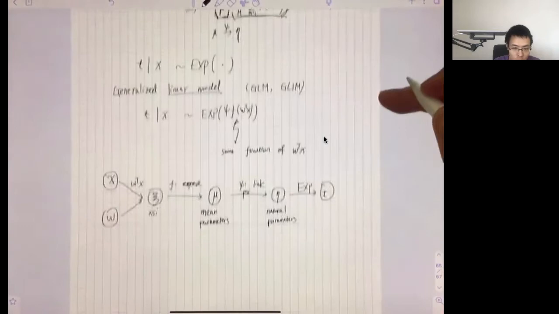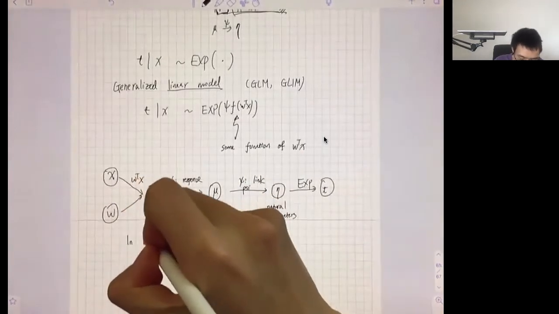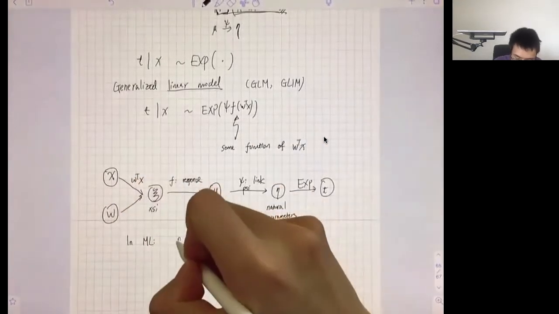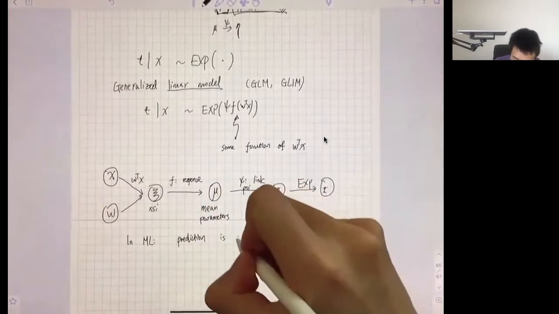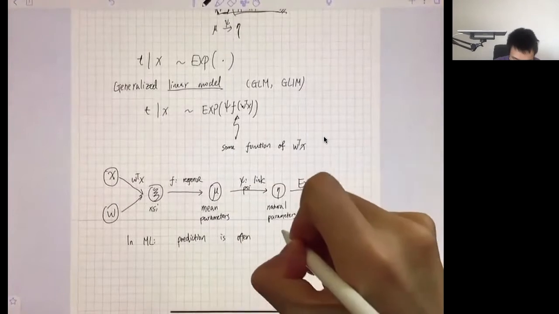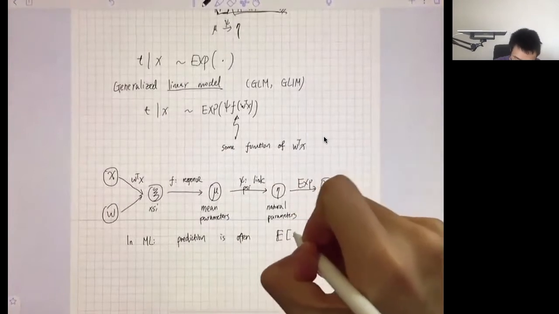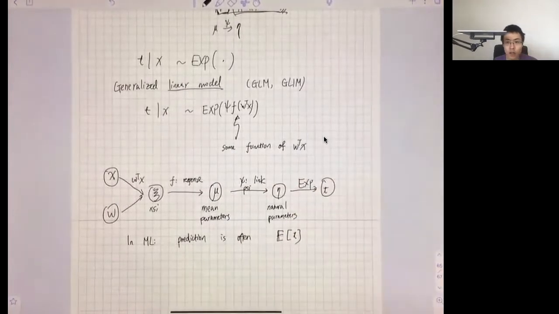And in machine learning, we typically care about the prediction, right? Which is often the expectation of T, right? So in the Gaussian case, we predict what is the most probable value, what is the expected value, because the Gaussian is symmetric, the most probable value is just the expectation.